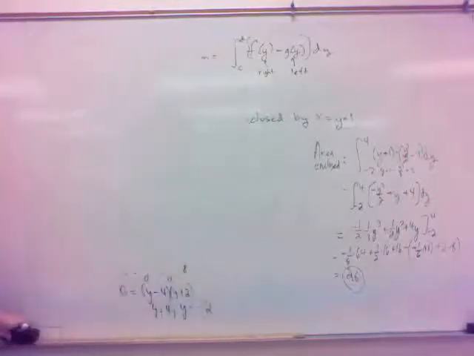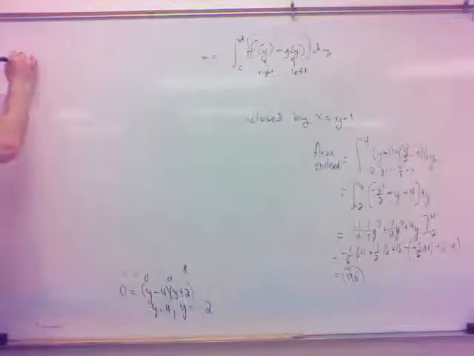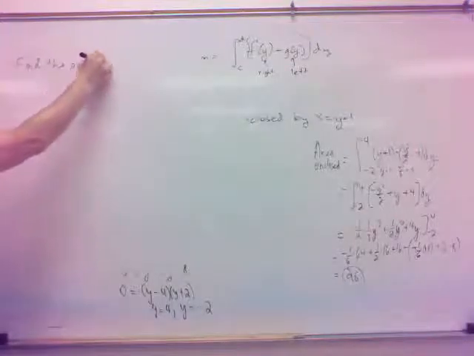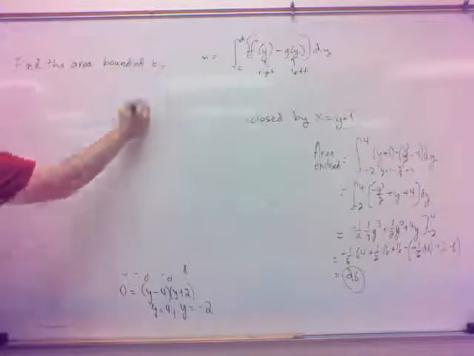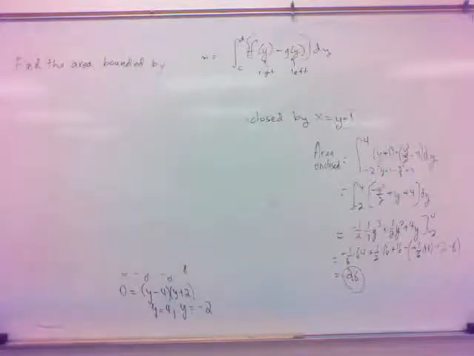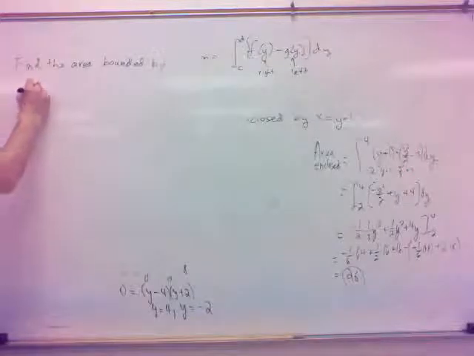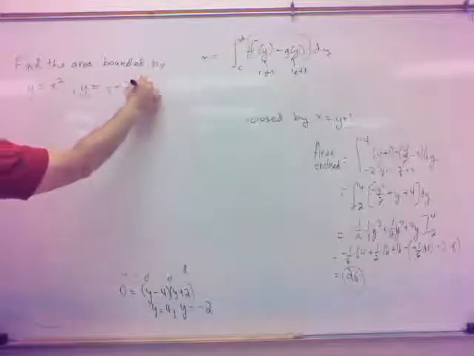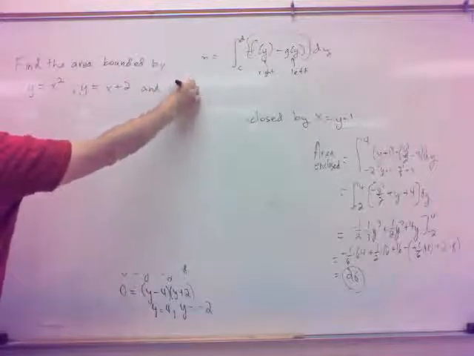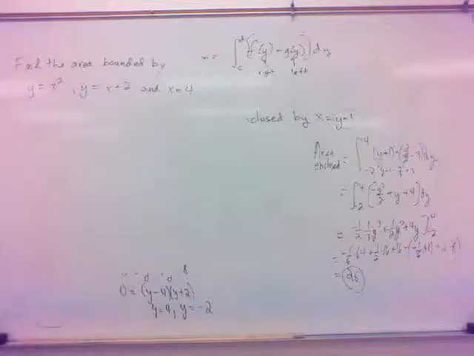If it says, and again it gets back to what are they asking for, find the area bounded by y equals x squared, y equals x plus 2, and x equals 4.